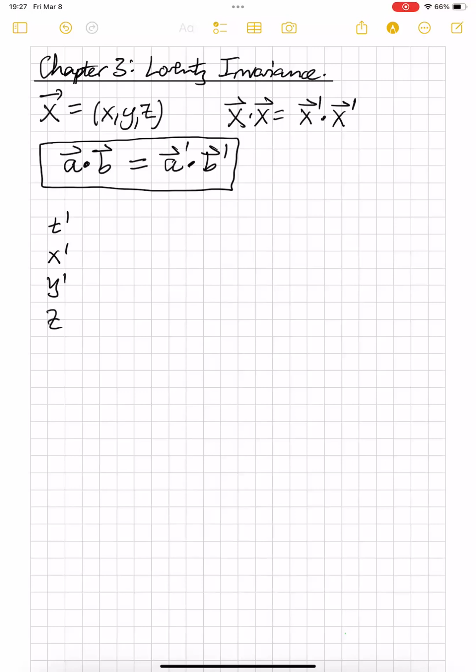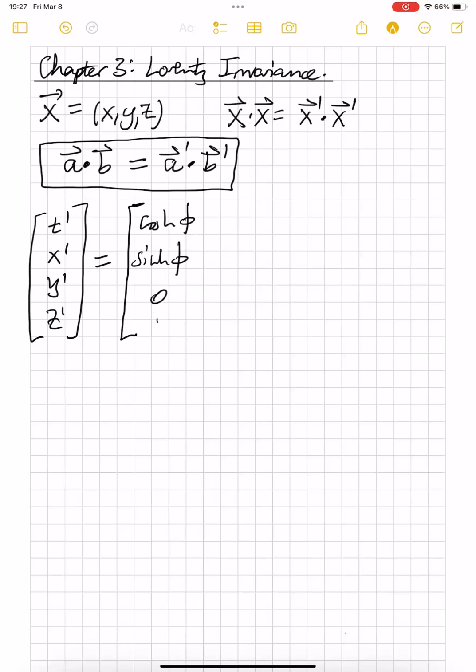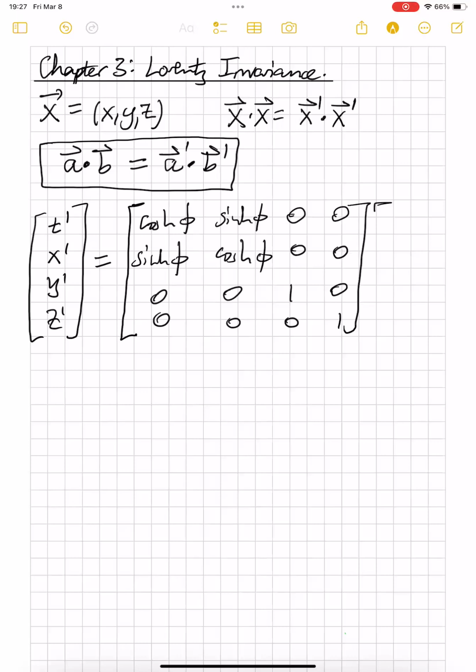So here are my primed coordinates, and I want to write down a very simple Lorentz transformation. There's a cosh phi, sinh phi, 0, 0, sinh phi, cosh phi, 0, 0, 0, 0, 1, 0, 0, 0, 0, 1. And this would multiply into t, x, y, z.